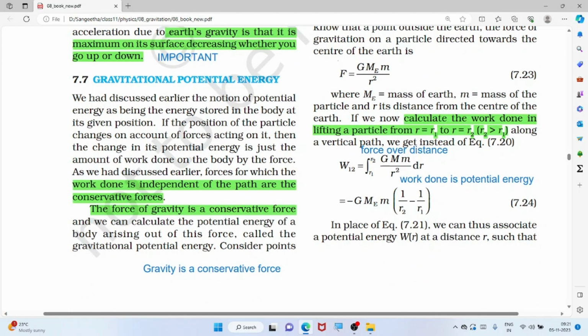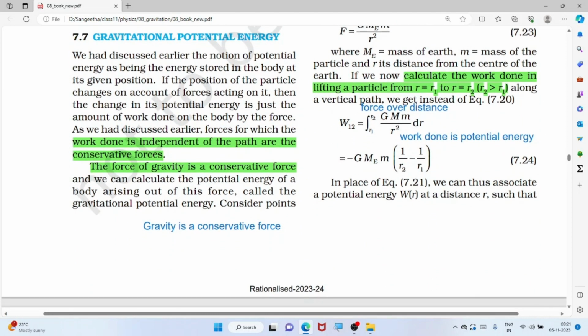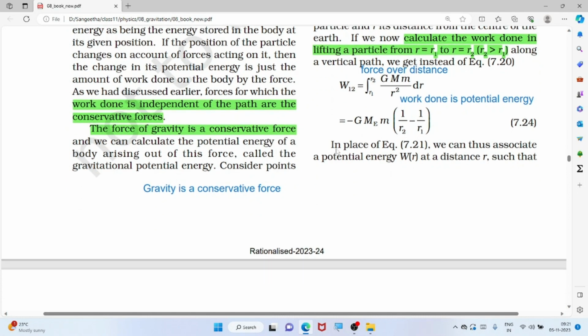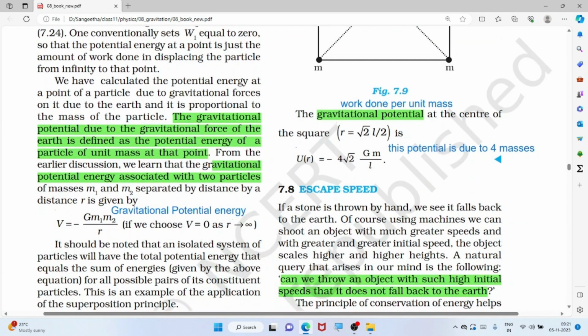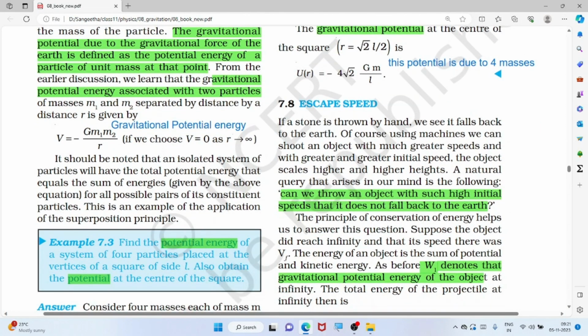They have to compute the work done, the gravitational potential energy from one point to another, moving an object from one point to the other. See, gravitational potential energy is different from gravitational potential.